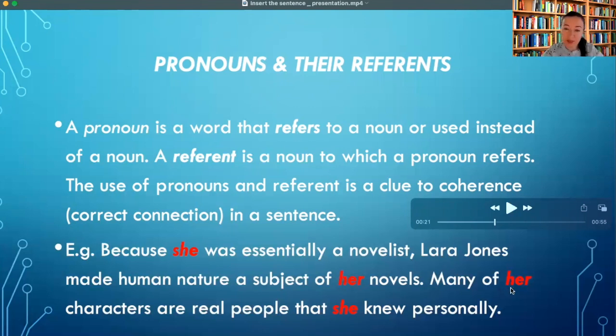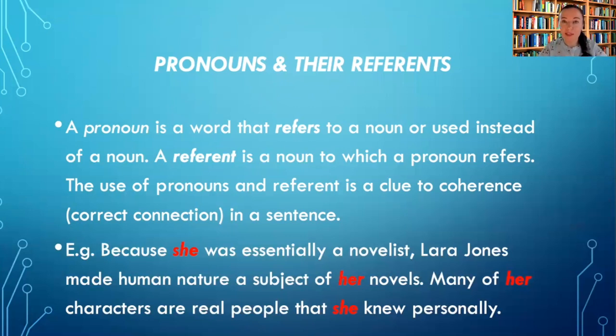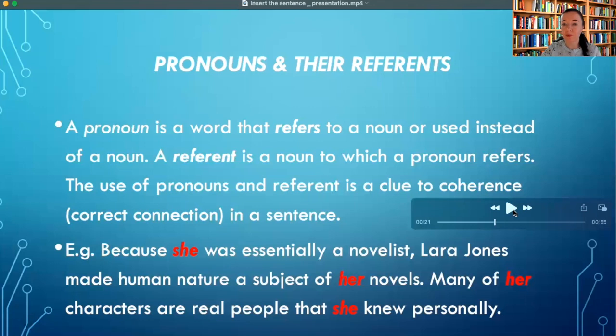In the subsequent sentence, you will see the same pronouns her and she that help you identify that this sentence is a continuation of the sentence before, because both her and she refer to words Lara Jones and novelist. Knowing this connection can help you understand how sentences connected in the passage, and it'll be easier for you to find the correct answer. Let's have a look at some examples.